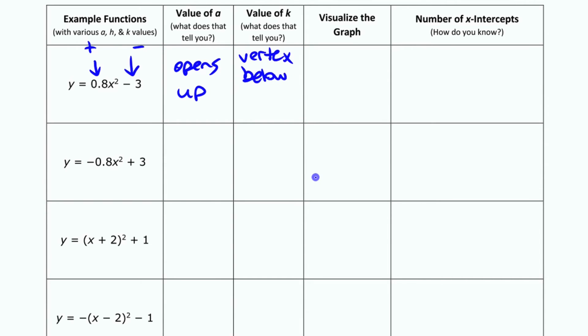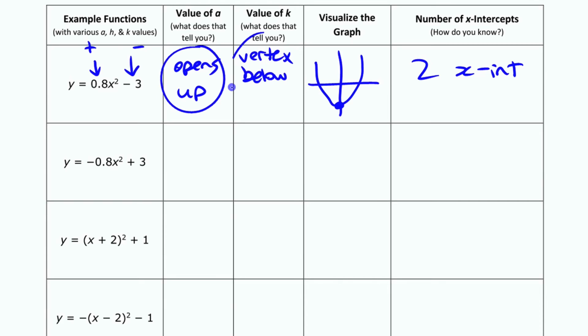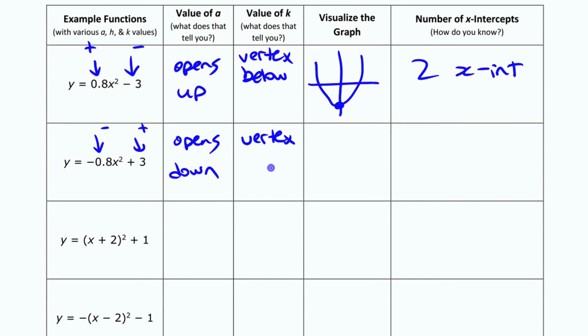If the vertex is below but it opens up, then you're going to have two x-intercepts here, right? And how do you know? Because it opens up, vertex is below. In this second situation, the a value is negative, so it opens down. And the k value is positive, so it has a vertex that is above. So you have the vertex above, but it opens down. That also has two x-intercepts.